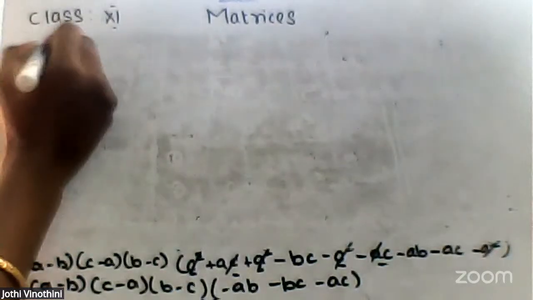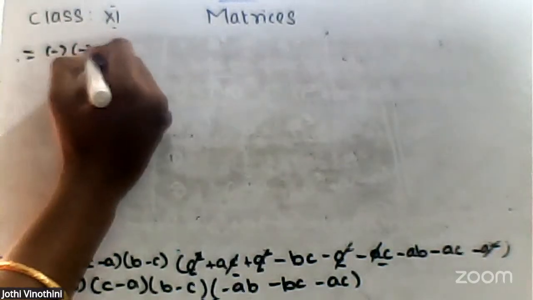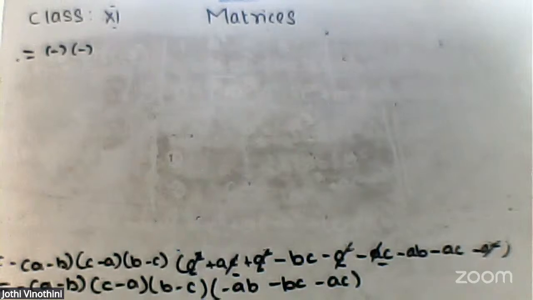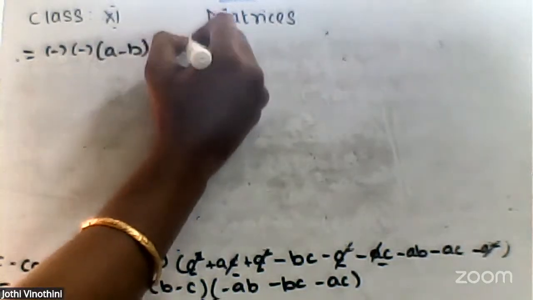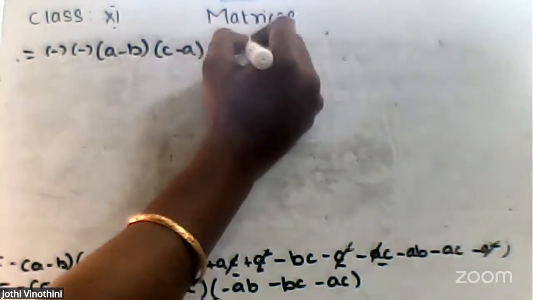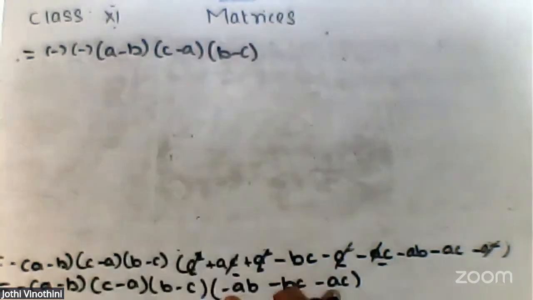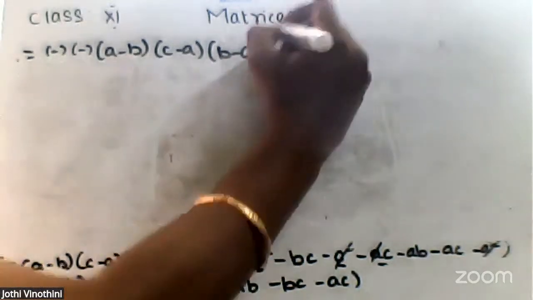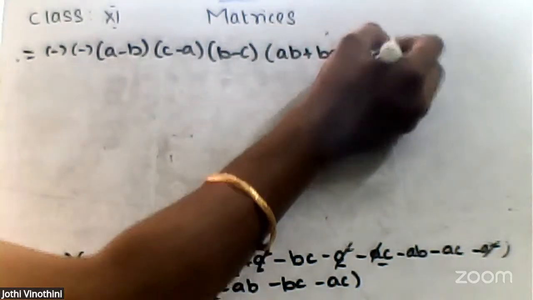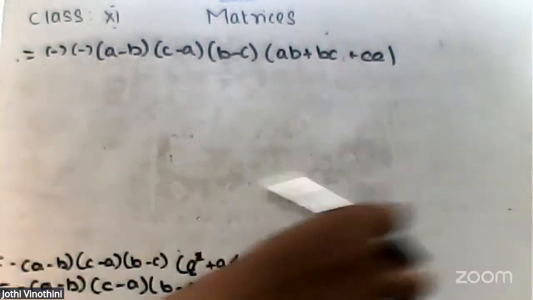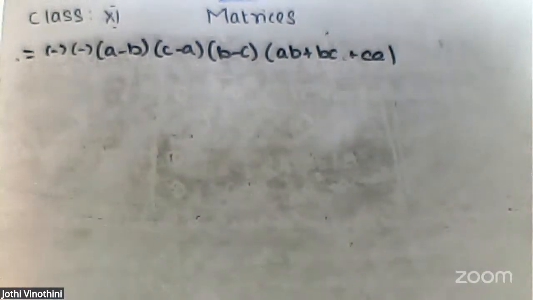So it will be minus, and another minus is there. What we have: a minus b, c minus a and b minus c. So we take this minus as common from all these three terms, so it will become ab plus bc plus ca. Right? Right. So minus multiplied by minus is plus.